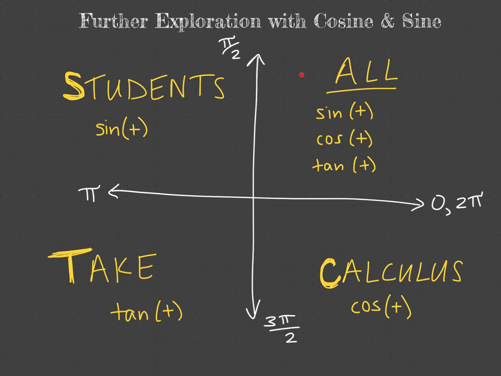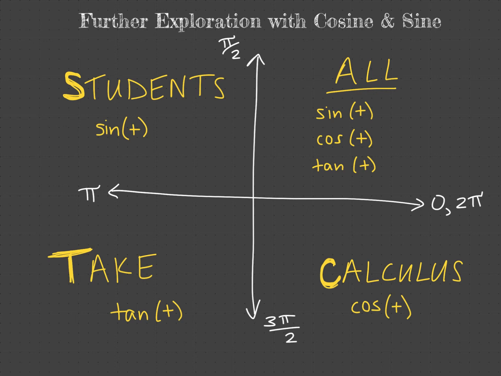So all students take calculus, drawn once again in the order of quadrants 1, 2, 3, and 4. The all means that all 3 are positive in quadrant 1. And then S, T, and C tell us which one is positive in those 3 quadrants. The others are, of course, negative. Of course, this is just a trick that you can use to help memorize this.